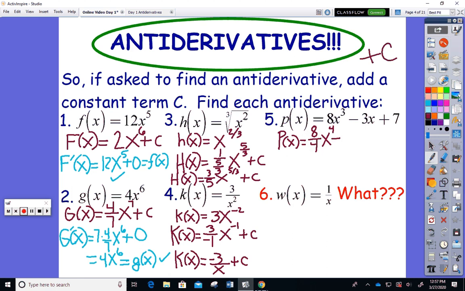I know that x has got to be lifted from x to the 1st to x to the 2nd. So I take the 3 that's there and divide by 2. Now, FYI, 7 is the same thing as 7x to the 0. So if I wanted to break it down that way, I would say lift x to the 0 up to x to the 1st, and then take that 7 and divide by 1. And then don't forget to add c.